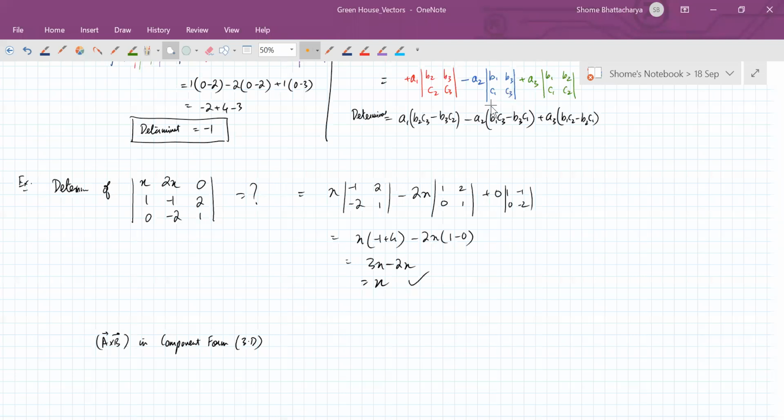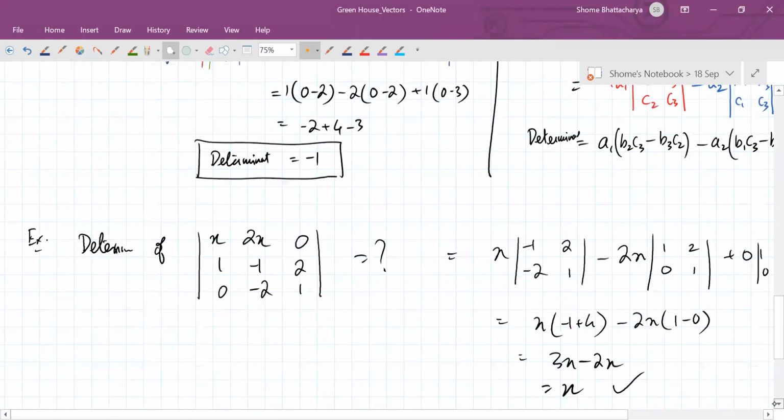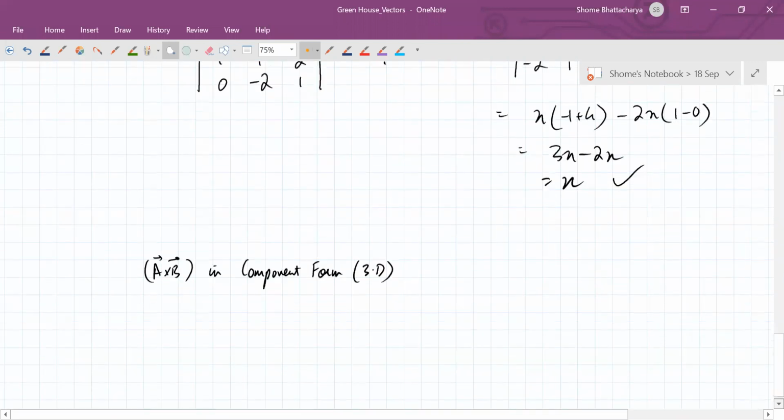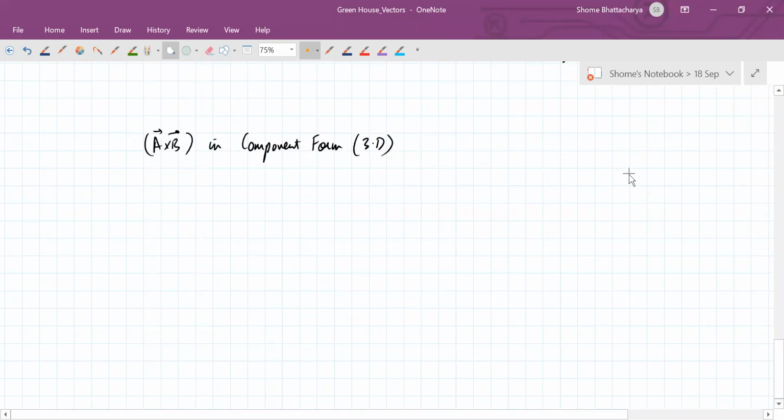No, only these two types will come, 2 by 2 and 3 by 3. You'll understand why in just a bit, because you'll see that 2 by 2 was the application for 2 dimensional and 3 by 3 will be an application for 3 dimensional. Only these two types will be there, nothing else.